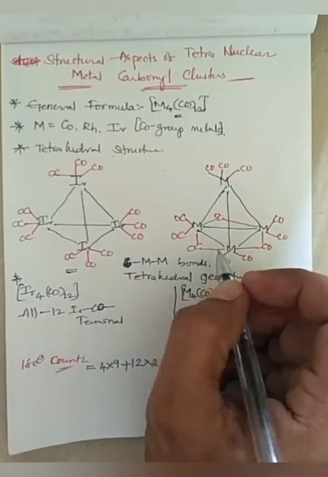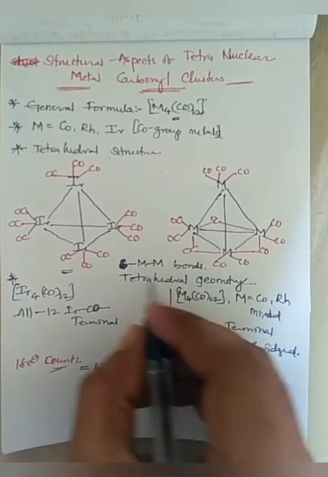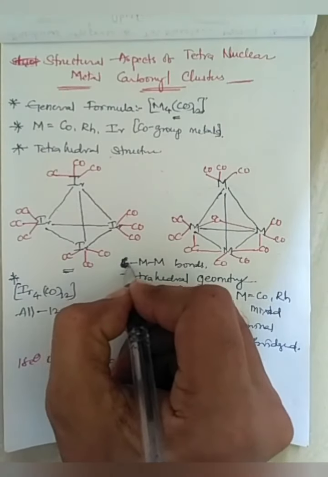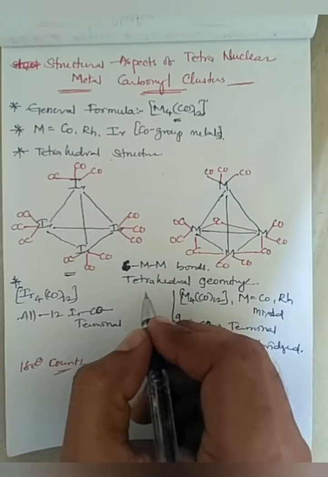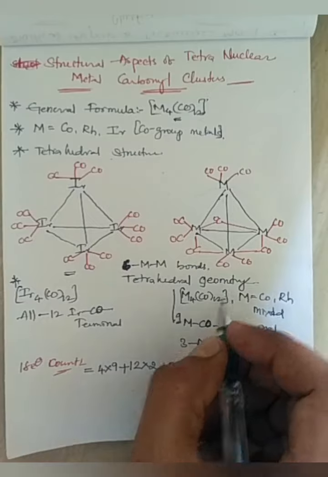In both of these tetranuclear carbonyl clusters, there are 6 metal to metal bonds, and the geometry is defined as tetrahedral.